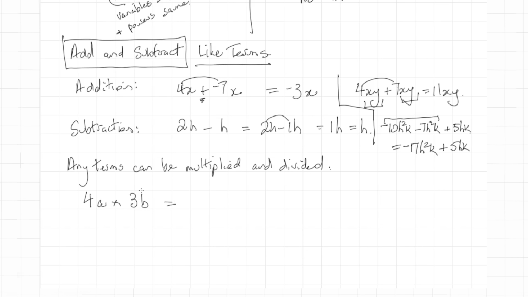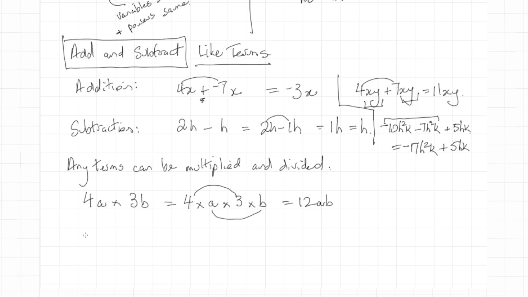What we can do is we can do multiplication in any order. So that's 4 times a times 3 times b. Understood between that 4a is a times, understood between the 3 and the b is a times. We simply just multiply the numbers together. 4 times 3 is 12. And then we multiply the variables together and we get ab. Now understood between all those is a multiply. So it's 12ab. That's multiplication.